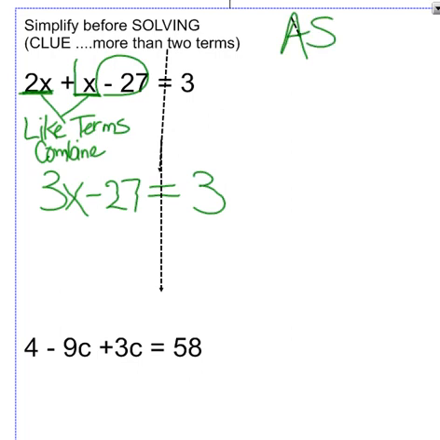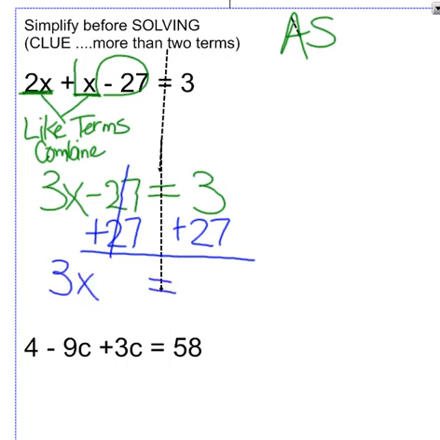I am going to do the inverse of subtract 27. I'm going to add 27. And remember the golden rule of algebra, whatever you do to one side of the equation, you have to do to the other. So I have 3x is equal to 27 plus 3, which is 30.